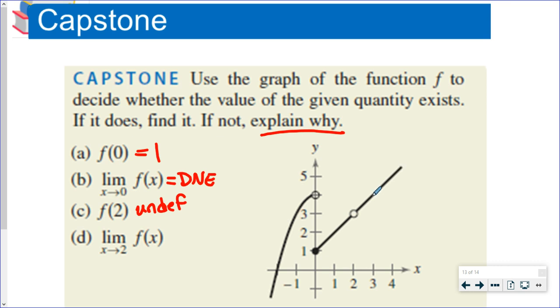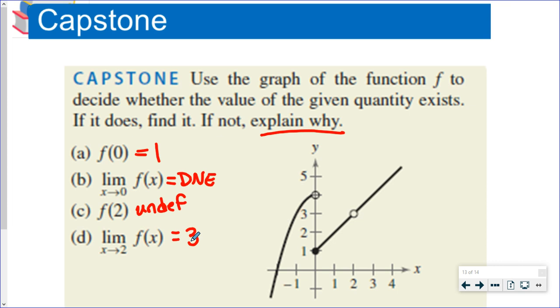And from the right? 3. So the point of this little exercise was to show you that just because there's a function value does not mean that there has to be a limit. And just because there is no function value doesn't mean there's not a limit. One is not dependent on the other at all.